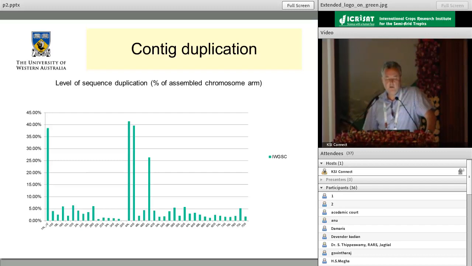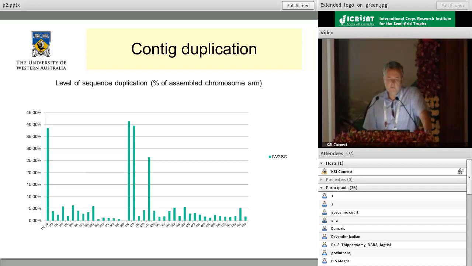So what we're seeing here is some chromosome arms in particular are having a very high proportion of duplicated regions, and these should not be reflecting the biological replication of the wheat genome, but actually a fault in the assembly process. So if you're actually using this data for any kind of structural analysis, it's going to cause loads and loads of problems, so it's something to be aware of.